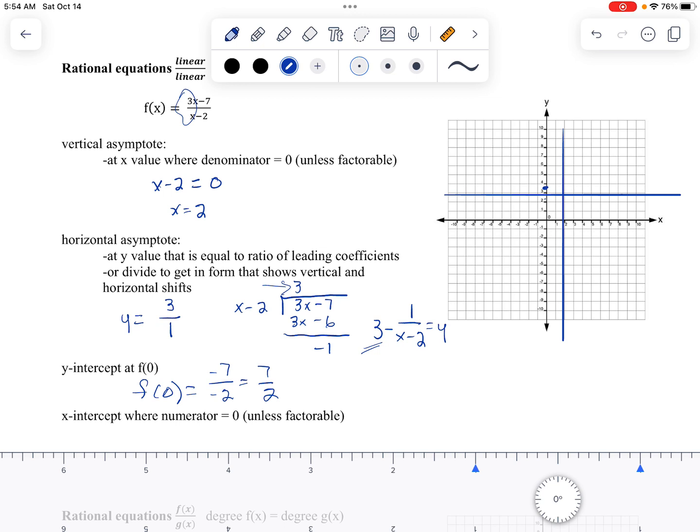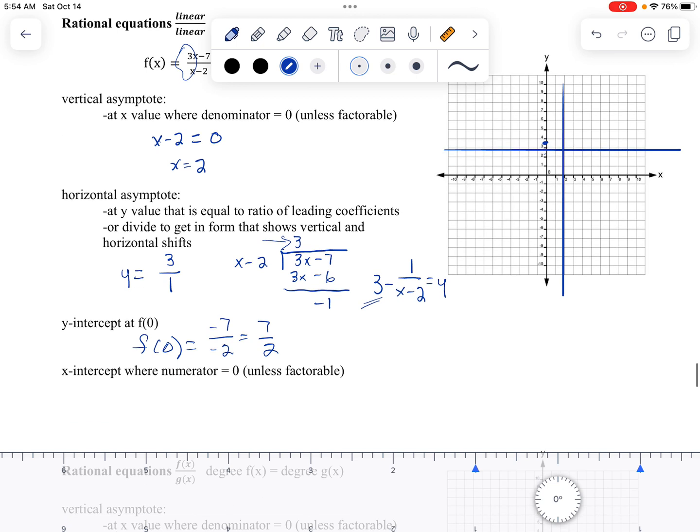There we go. The x-intercept is where the numerator equals 0. So if I plug in 0 for x in the numerator, then I am going to get, let me rewrite that.